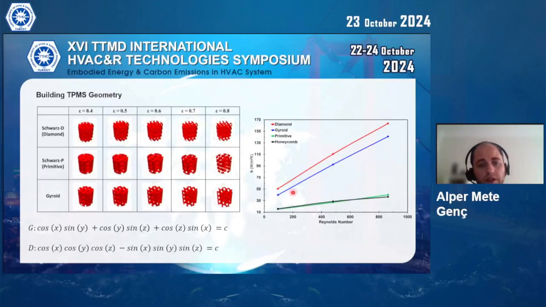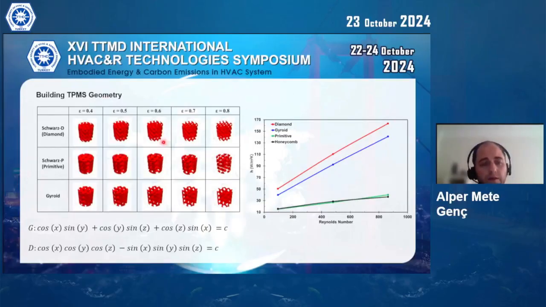So here, as you can see, honeycomb and primitive geometries have a very low heat transfer coefficient. But diamond and gyroid geometries have a very high heat transfer coefficient. So we prefer these geometries for our experimental tests.